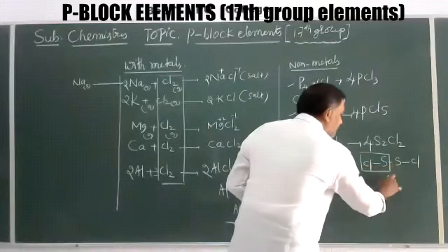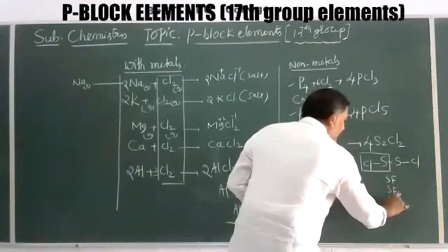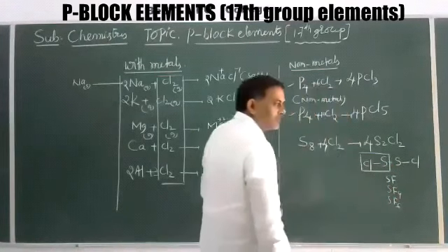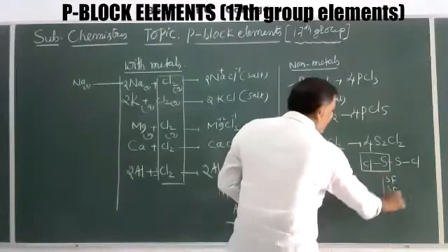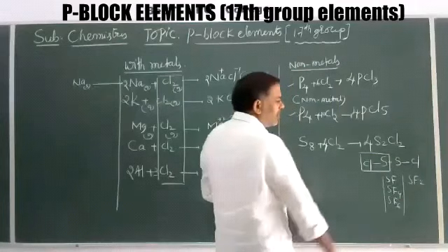Sulfur combines with halogens to give SF4, SF6, hexafluoride, tetrafluoride, monofluoride, difluorides, which were explained.